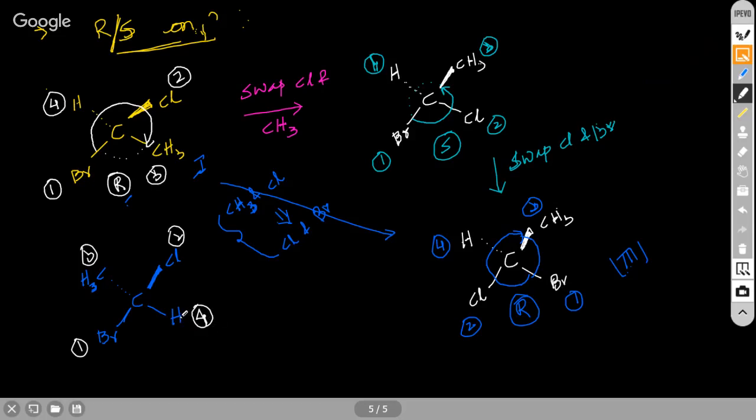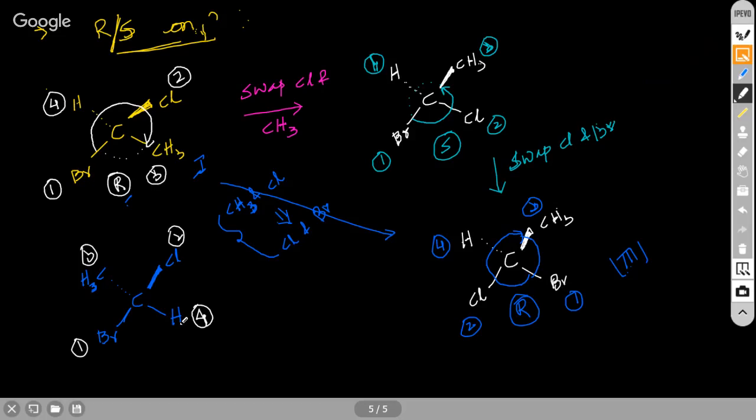The least priority must be into the plane of the paper, which is not here, right? So this H, the least priority, will swap with the group or atom which is present into the plane of the paper.